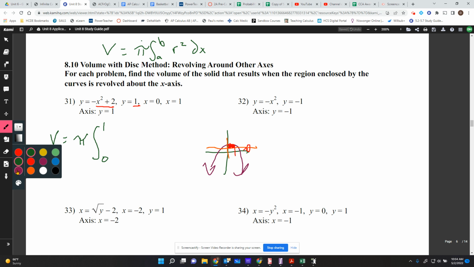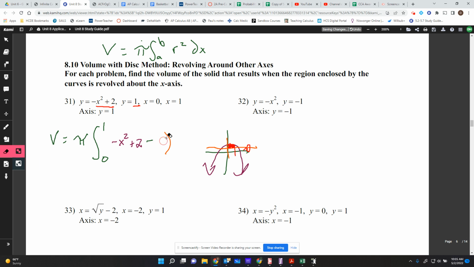Then our r is negative x squared plus 2 minus 1. I didn't write 1. So minus 1. And this is dx because we're revolving it parallel to the x-axis.